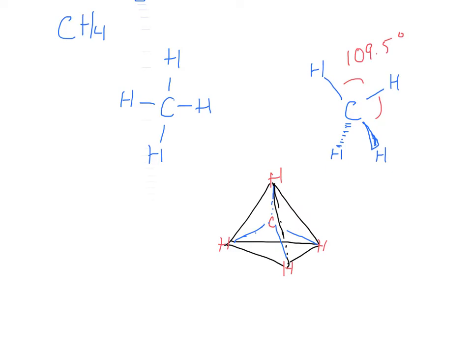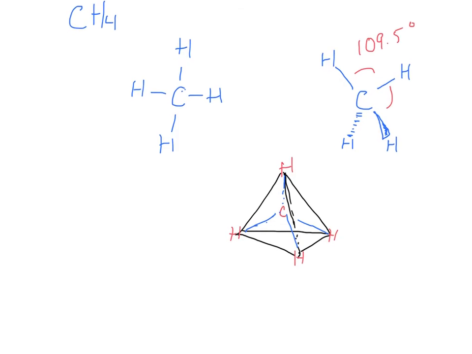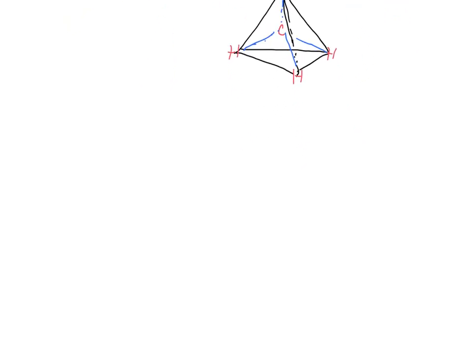If I take a look at now 5 bonds, I'll move this up. The first thing really with 5 bonds is going to be phosphorus pentachloride, because phosphorus can exceed its octet. Now we're going to get a shape, not 5 flat around it.